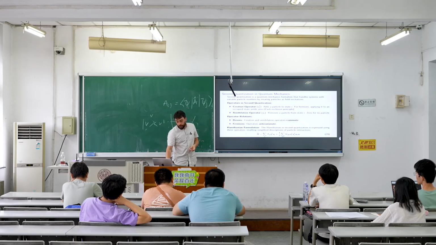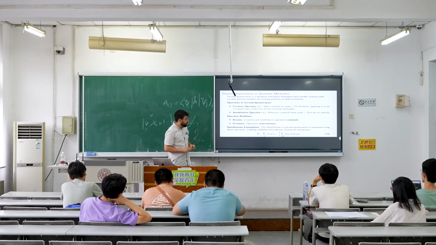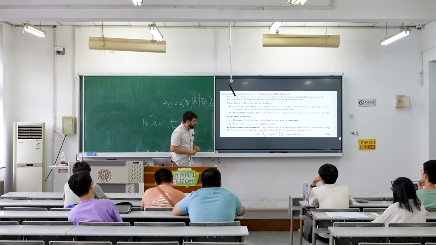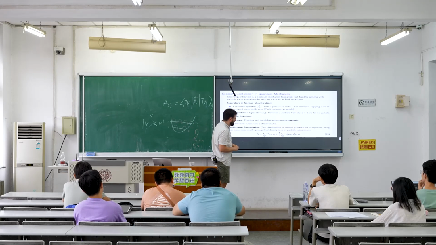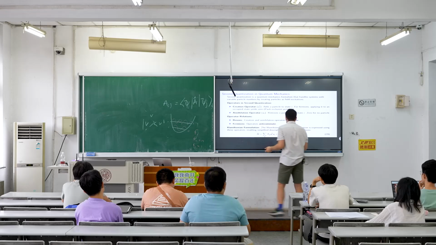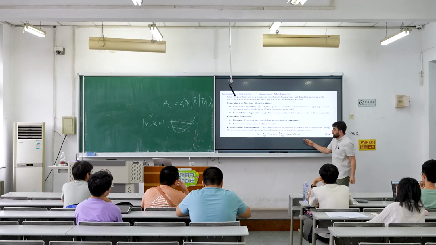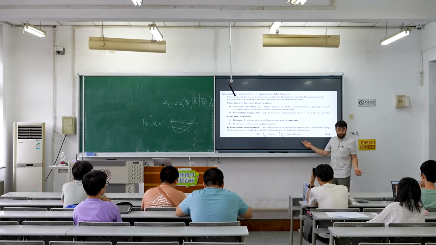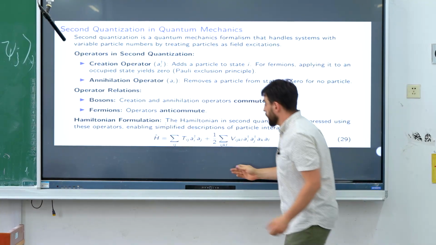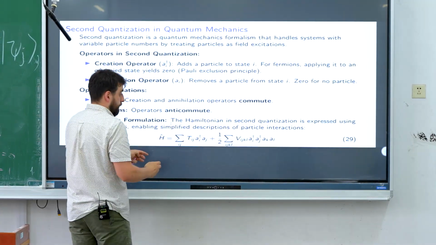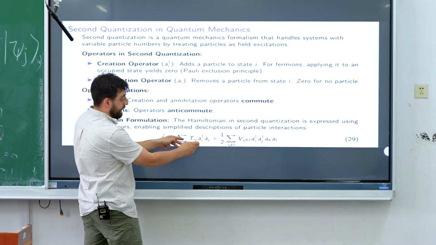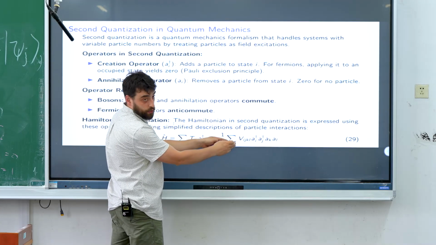If we look at the Hamiltonian formulation, and look at a Hamiltonian of a many-body system, what we're looking at is a kinetic part and a potential part of our system.